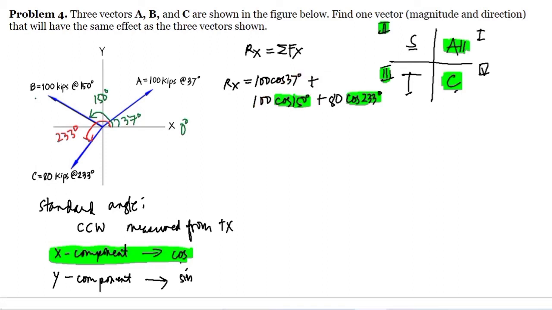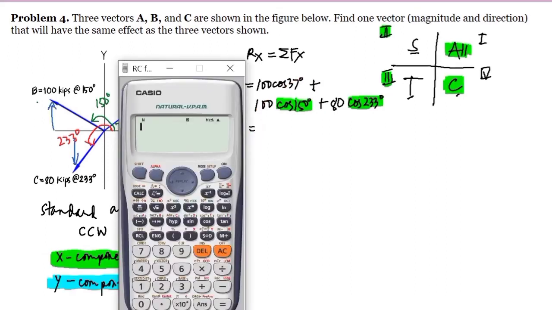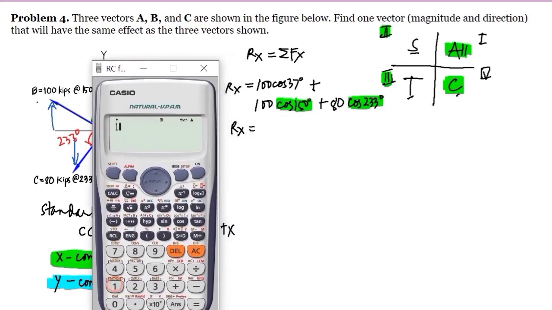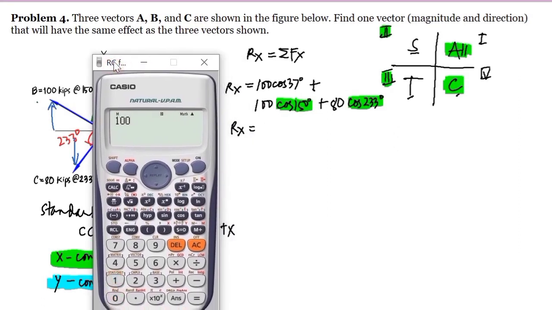Now, computing for the value of the Rx is equal to 100 cosine 37 plus 100 cosine 150 degrees plus 80 cosine 233 degrees.